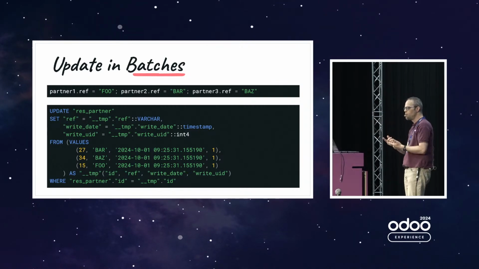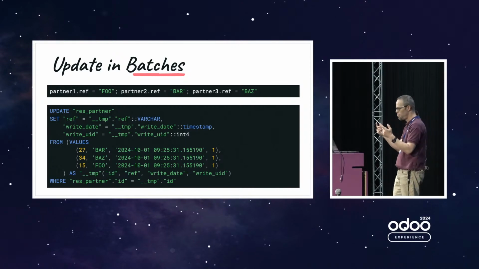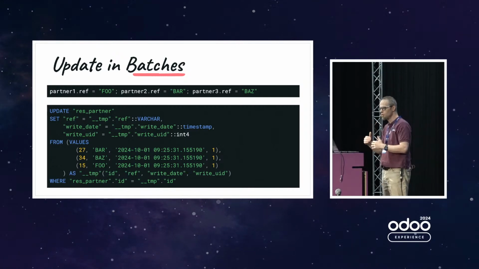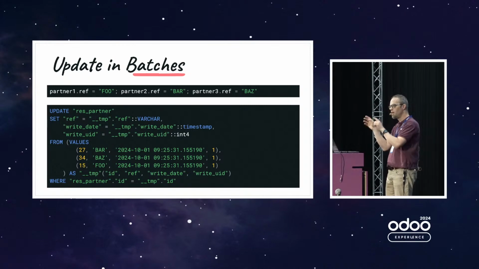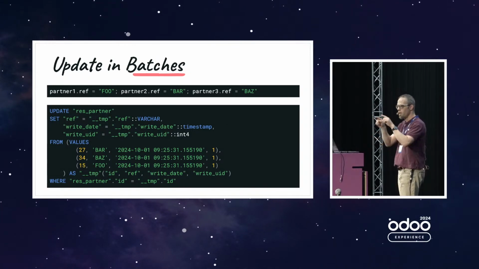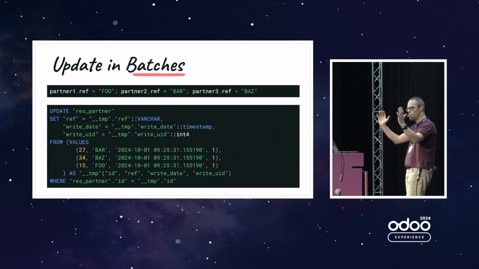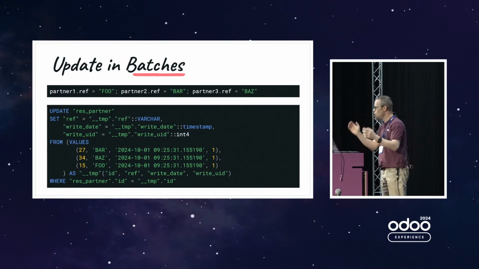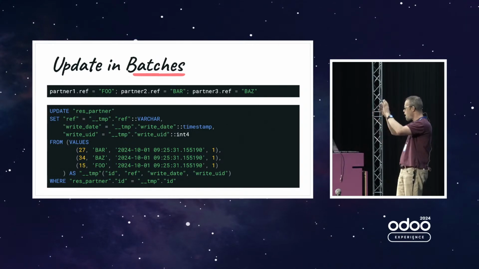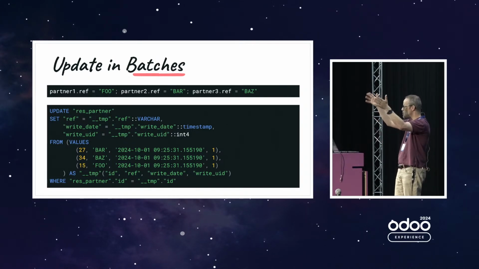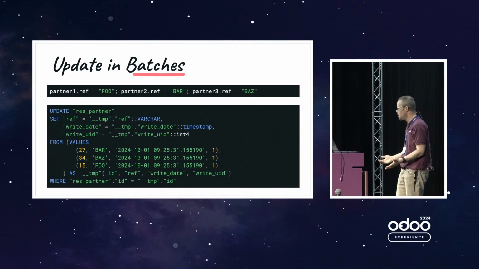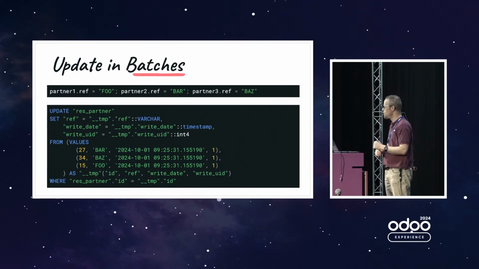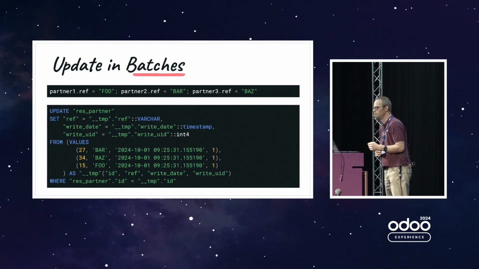And we've improved the batching by enabling different records that are not assigned the same values, but are assigned the same fields. So the batching is now done by the set of fields that are being updated. A bunch of records that have all the same subset of fields updated can end up in one SQL update.